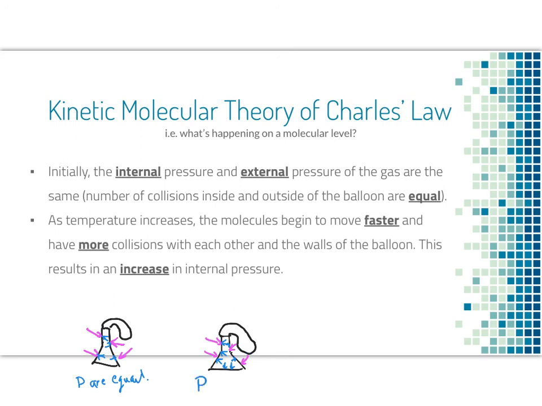So the pressure inside the balloon, technically not our flask, is greater than the pressure outside, of the air. Because the pressures are different, this is why our balloon will expand to work on equalizing those pressures.